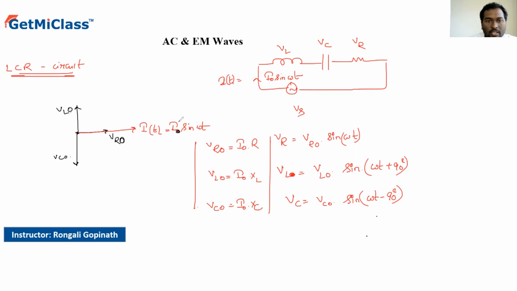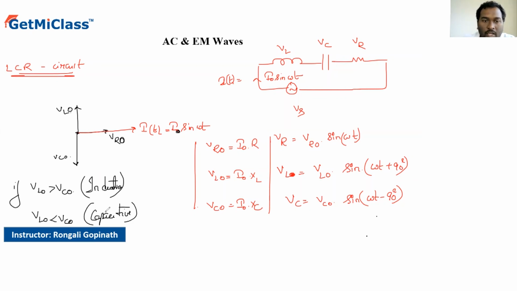And this is I naught. Now here in this LCR circuit, if voltage across the inductor or VL naught is greater than VC naught, then we can call it an inductive circuit. Again, it's not a pure inductor, it is inductive. If VL naught is less than VC naught, then we can call it a capacitive circuit. Again, it's not pure capacitive, it is just capacitive.